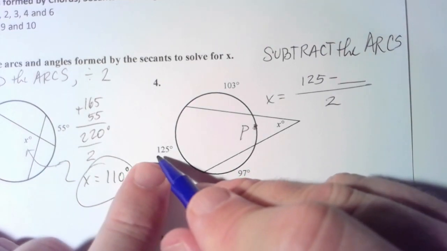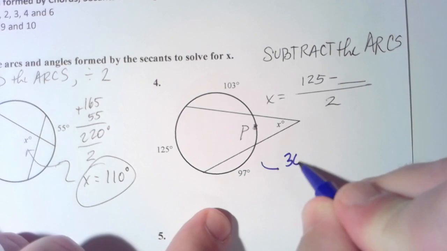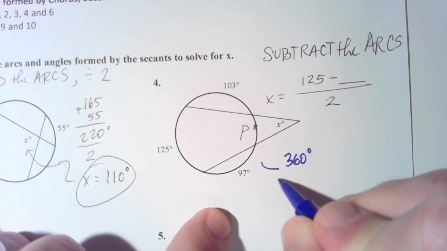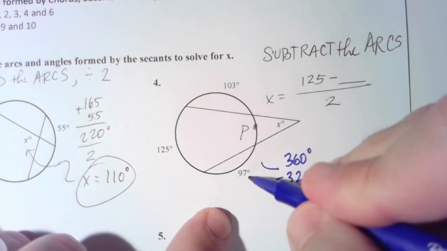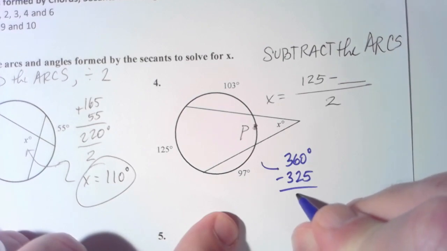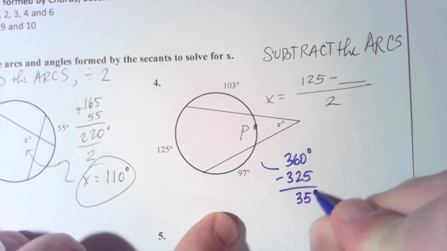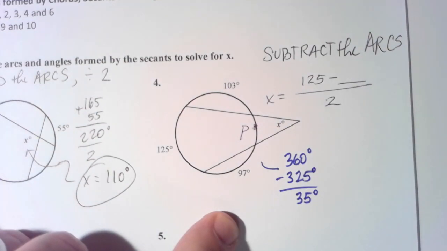This would be 325. So I've got to do a little problem on the side here: 360 degrees, and what's left when I use up the 325? Let me double check my math here. That was 200, and that's 325, yeah. So that just leaves us with 35 degrees. Okay, and now we can get on with our main problem.